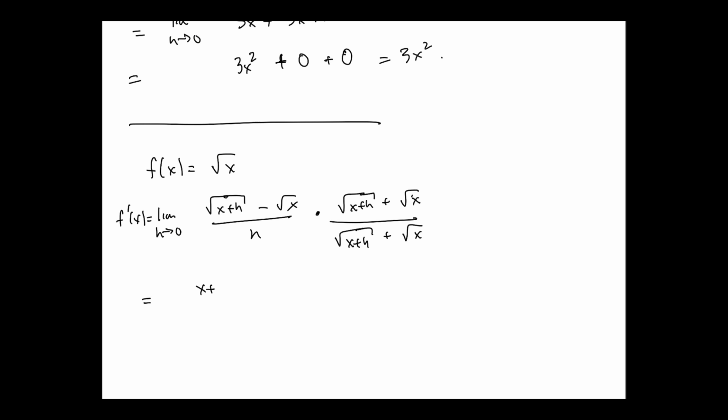Okay, so what's so brilliant is if I multiply everything out on top, what happens? I get x plus h minus x. Okay, why did I only get two terms on top? Right, what's the whole brilliance of the conjugate? When you FOIL, what happens to the outer and the inner pair?